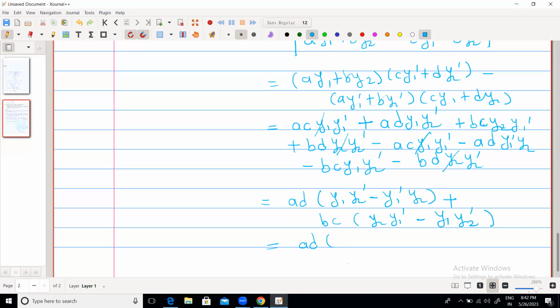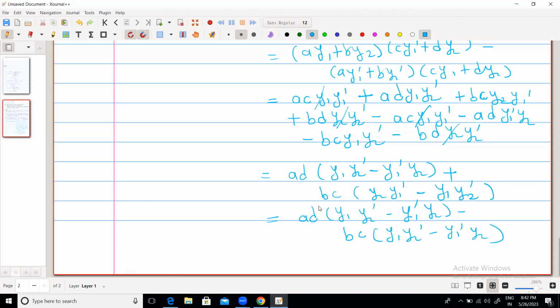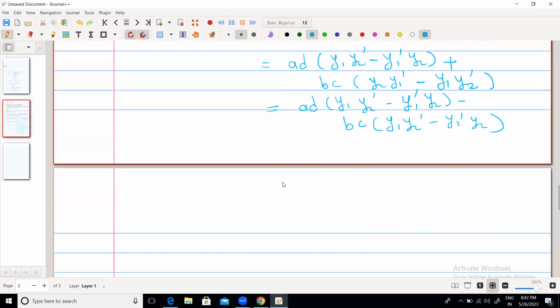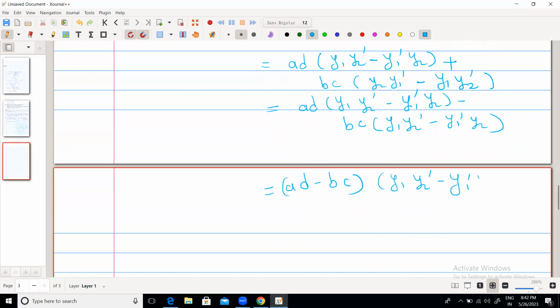So here, from the second term take minus outside the bracket. So this is minus BC times y1 y2 dash minus y1 dash y2. Okay, so what do I get? AD minus BC times y1 y2 dash minus y1 dash y2.